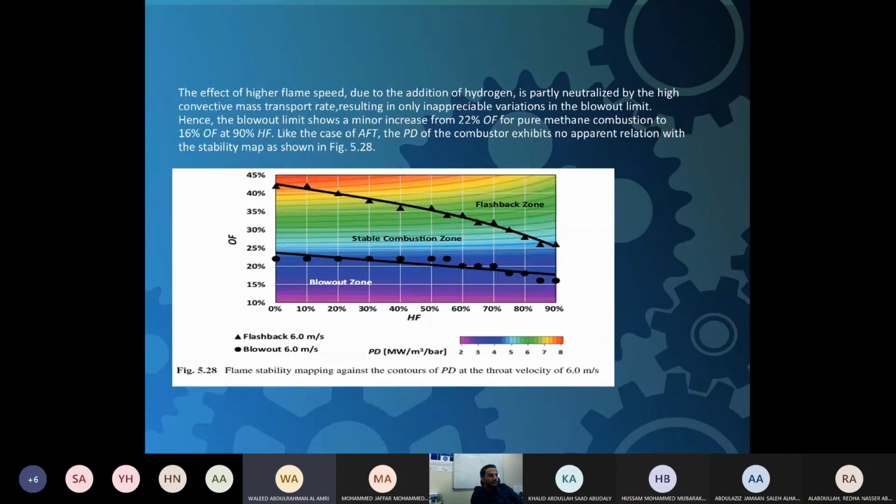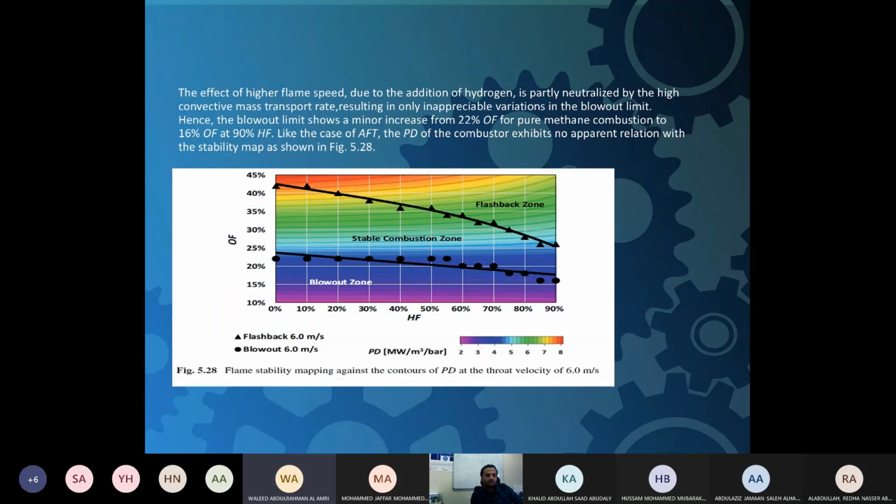The effect of higher flame speed due to the addition of hydrogen is partly neutralized by the high convective mass transport rate, resulting in only inappreciable variation in the blowout limit.